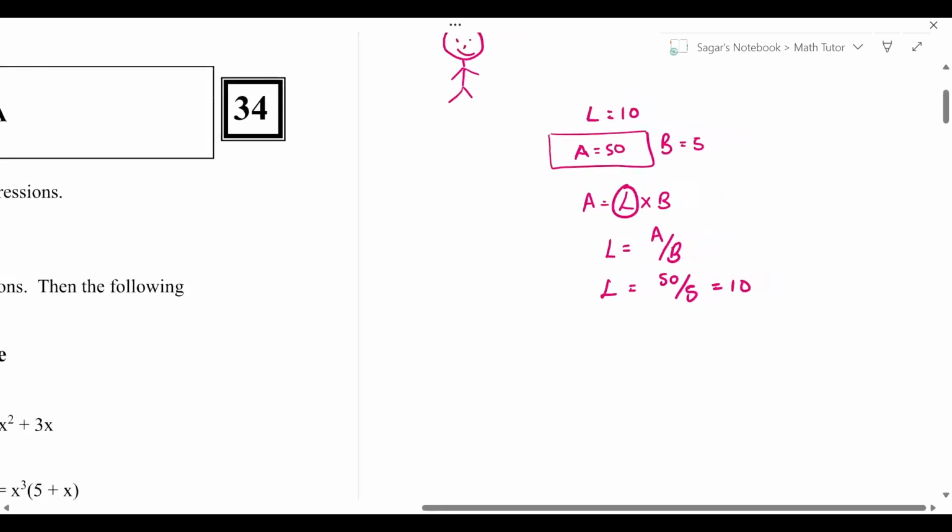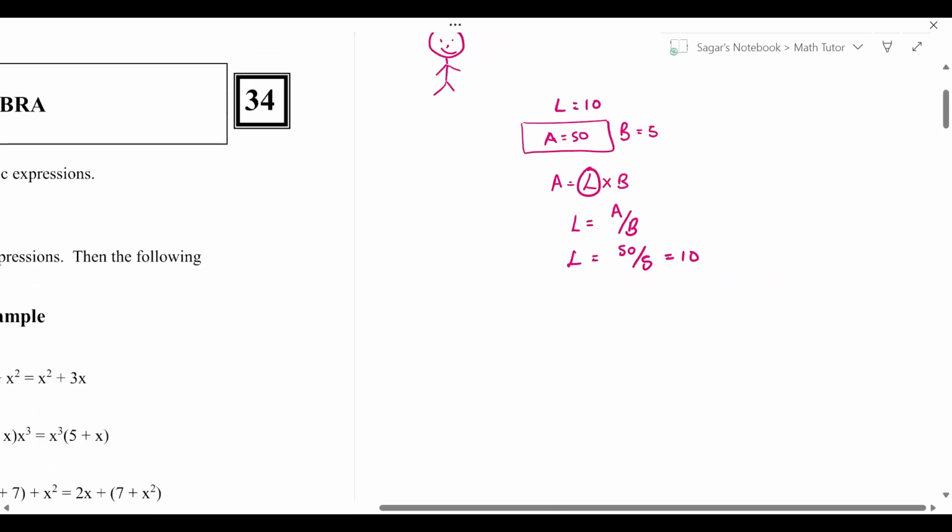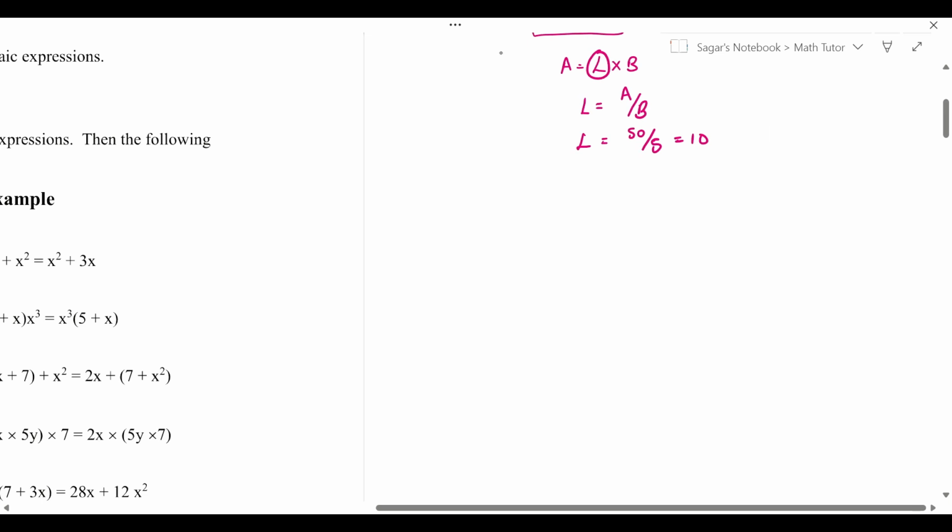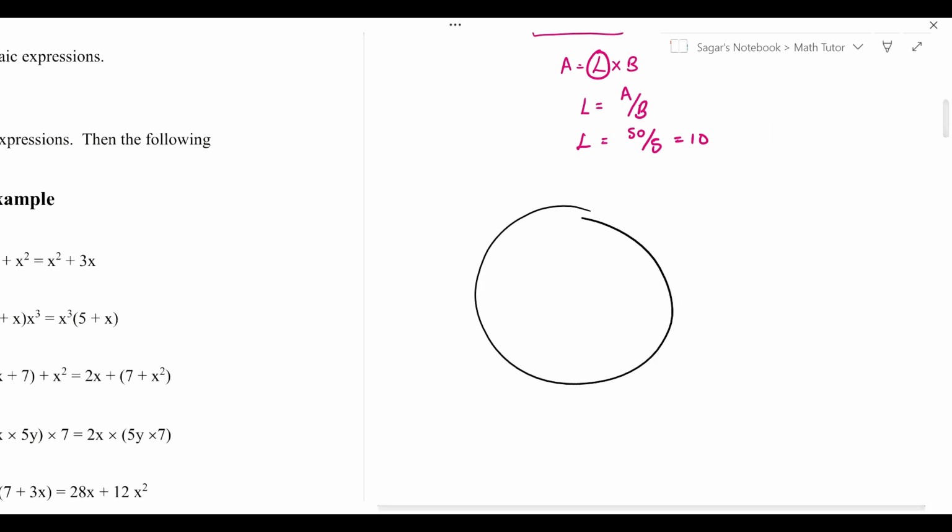Now this was intuitive, but what if it is a formula that's not well remembered in its other forms? For example, a circle. The common form is A is equal to pi r squared. Let's say the builder knows the area and wants the radius.